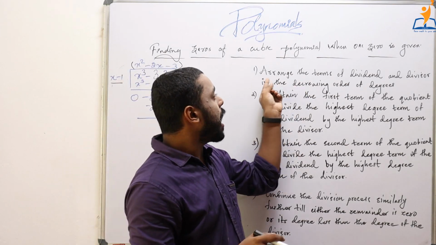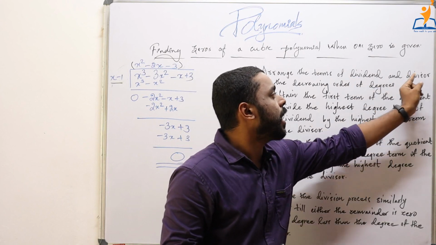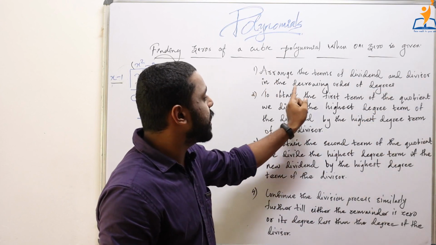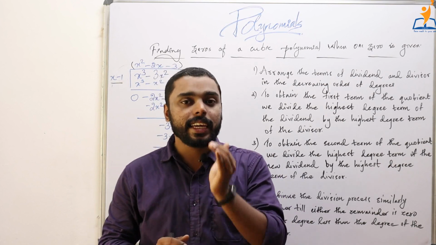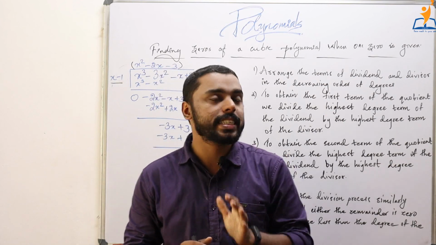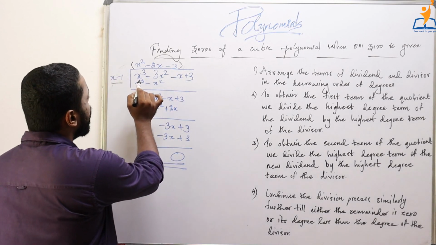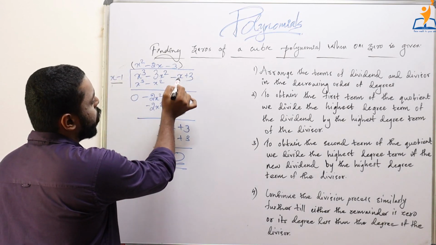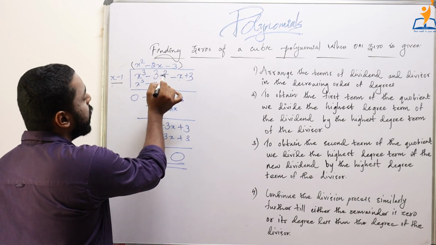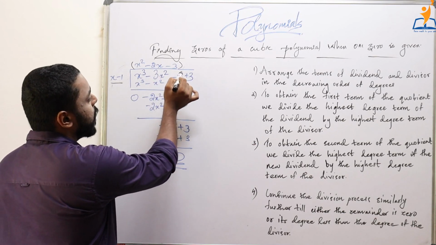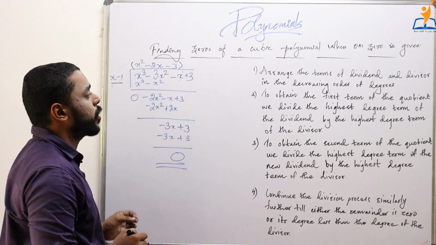First step, arrange the terms of dividend and divisor in the decreasing order of degrees. That is, we have to make each polynomial in the division into its standard form. Here x cube minus 3x square minus x plus 3. Here, the first term has degree 3, then it has degree 2, then it has degree 1, and here the degree is 0 for the constant term.